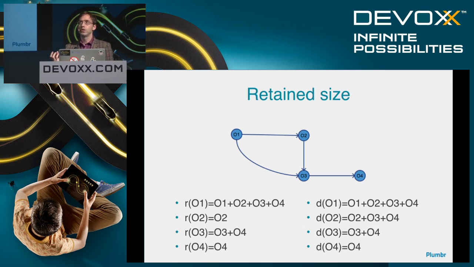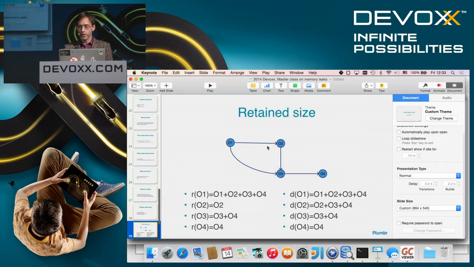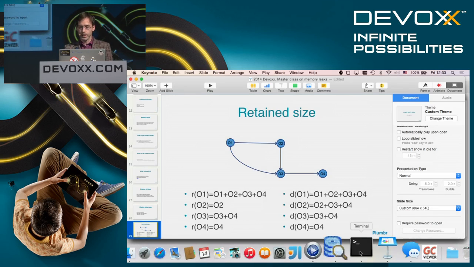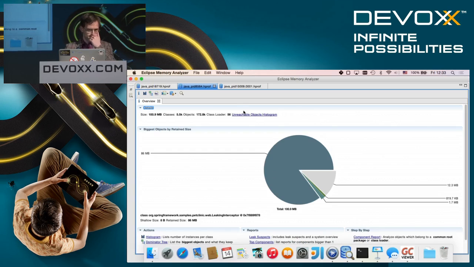Why is this important? Because when you open your heap dump in Memory Analyzer, it will show you the objects with the biggest retained sizes. And usually they are the objects that you hunt for. Usually when you hunt for a memory leak in a heap dump, you look for objects with the biggest retained size.